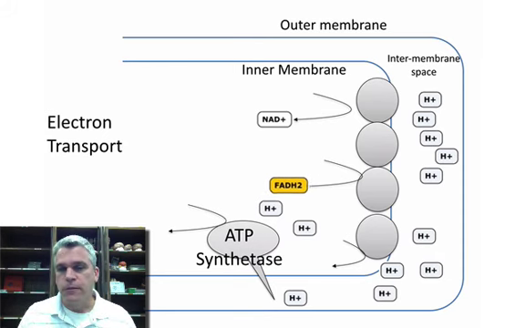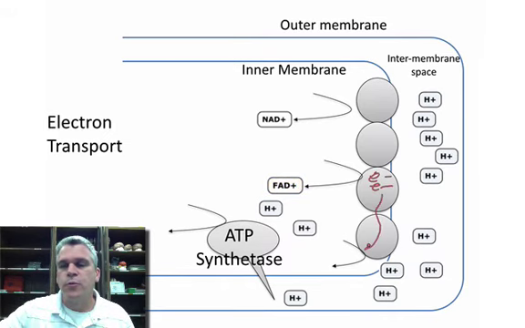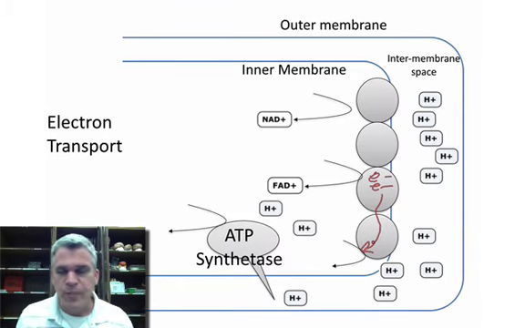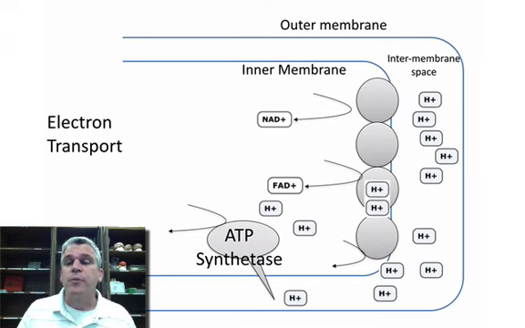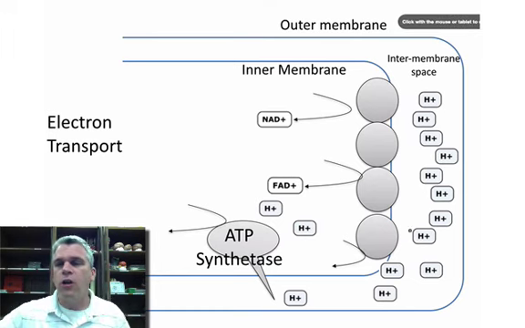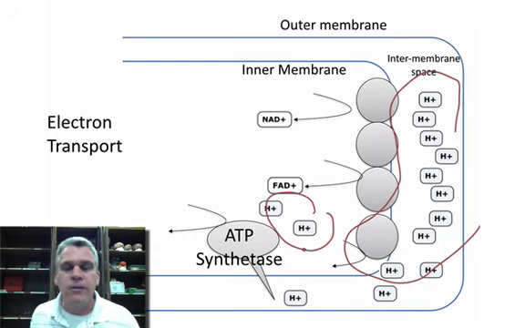FADH2s will come along and drop off some of their electrons and hydrogens, and they will also be able to move through the electron transport system as well. Now notice they're not traveling as far, but they're going to push some hydrogens into that intermembrane space. So notice what's happening here. In that intermembrane space, we're getting all of these hydrogen ions building up, and there are very few out here in the matrix.